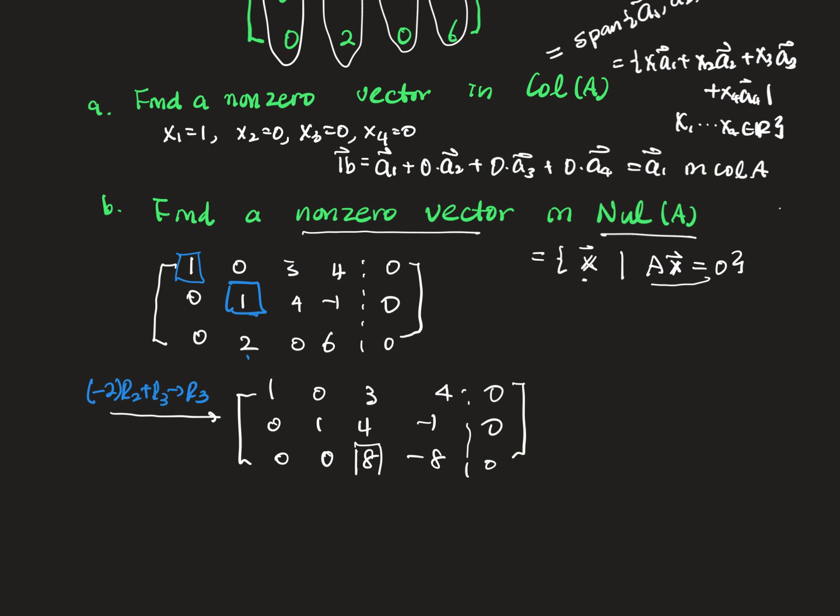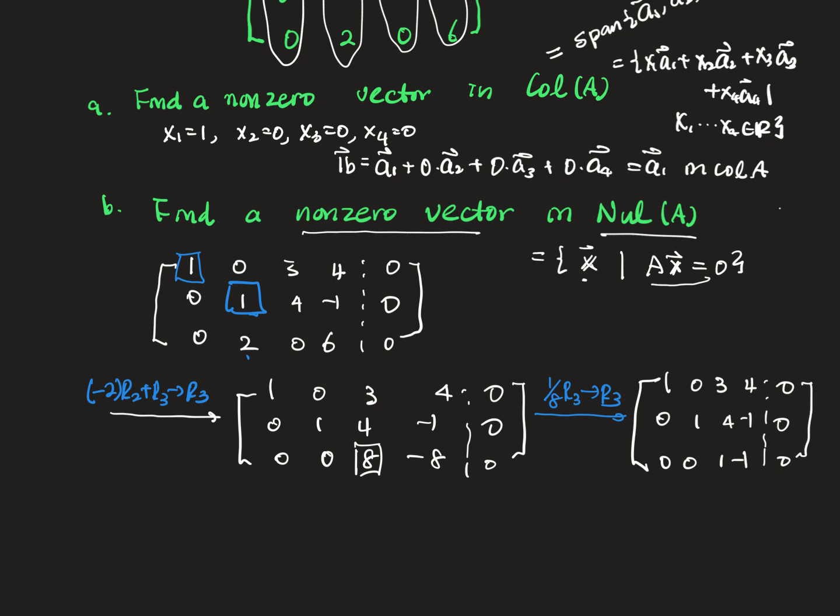This should be 1, so divide by 8: 1 over 8 R3 becomes R3. So this one is 1, 0, 3, 4, 0, 1, 4, negative 1, 0, 0, 1, negative 1, 0.